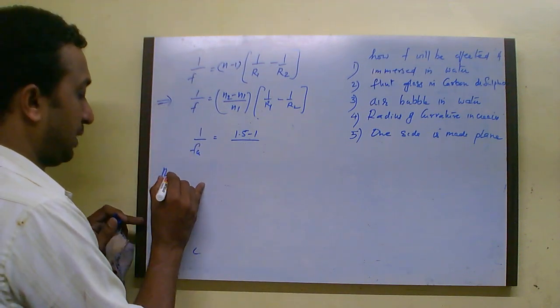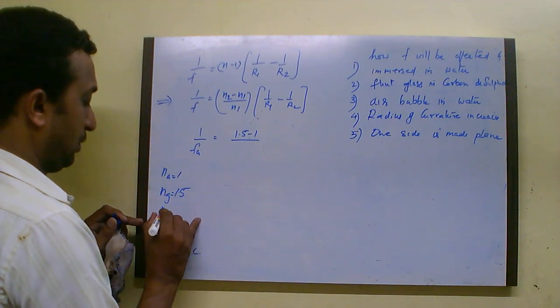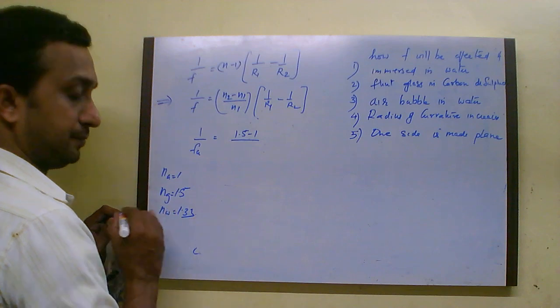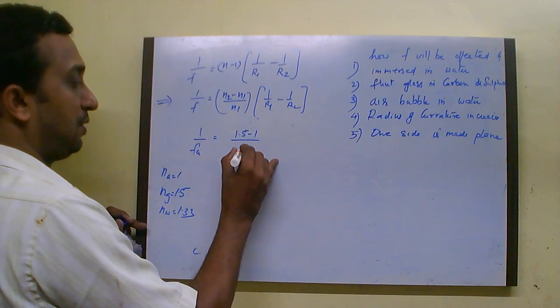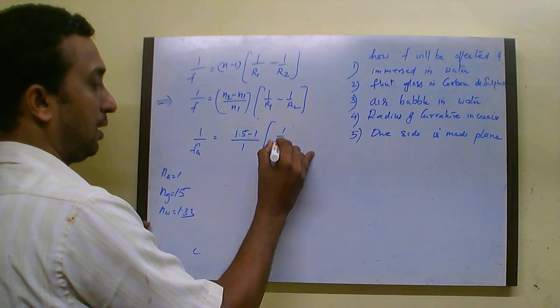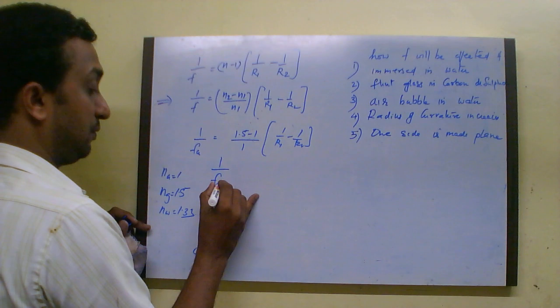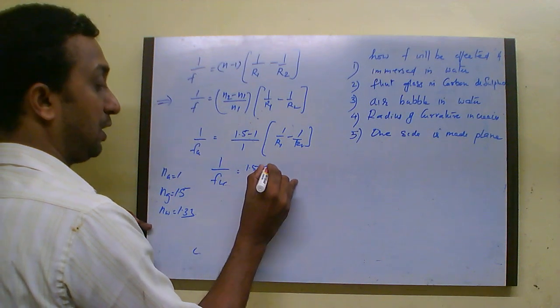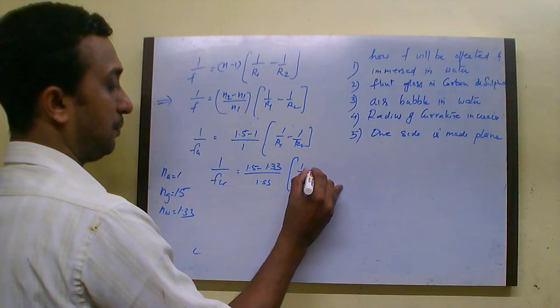So n of air is 1, n of glass is 1.5, n of water is 1.33. So you can have 1/f in air = (1.5 - 1)/1 × (1/R1 - 1/R2). Similarly, 1/f in water = (1.5 - 1.33)/1.33 × (1/R1 - 1/R2).